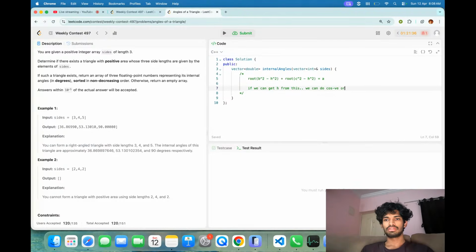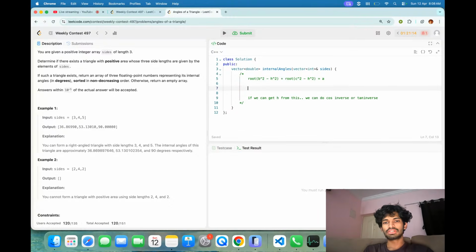We can do cos inverse or tan inverse, because if you get h, it is nothing but the cos inverse of that, right? H is nothing but what? a cos b or a sin b, right? Because h equals b sin c.